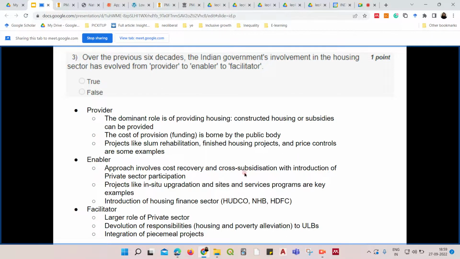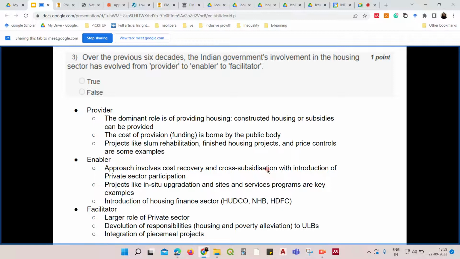And when you talk of the role as enabler, there is cross subsidization. So subsidy basically is when the government directly provides the beneficiary some sort of compensation or some sort of economic help if they choose to construct their houses using that scheme.